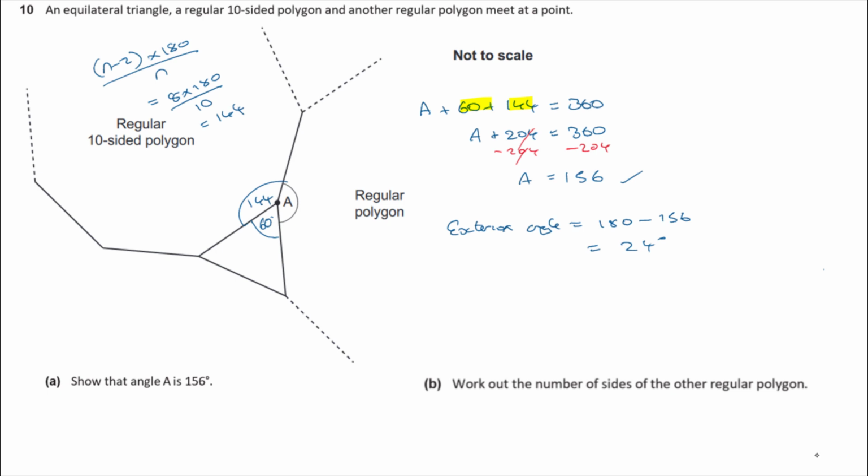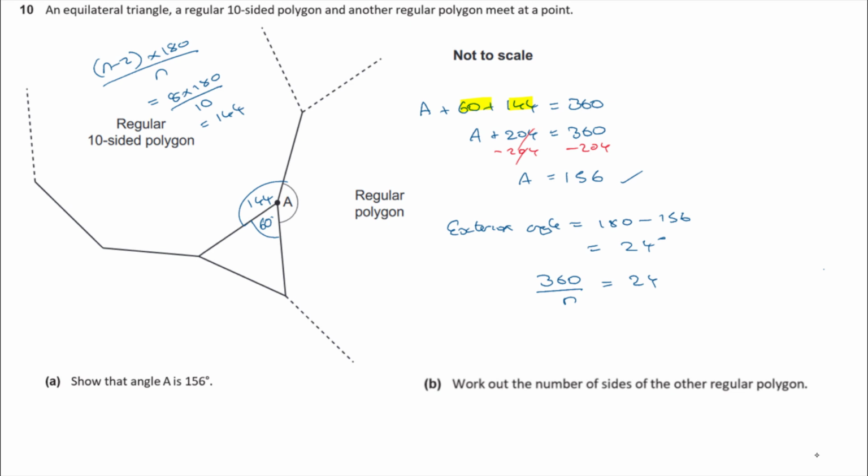And remember, the exterior angle of a polygon is 360 divided by the number of sides. Therefore 360 divided by n must be equal to 24.